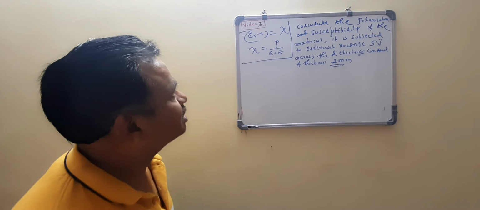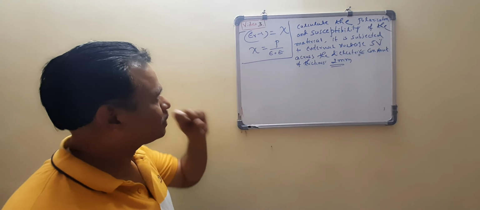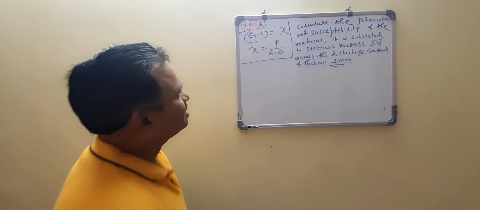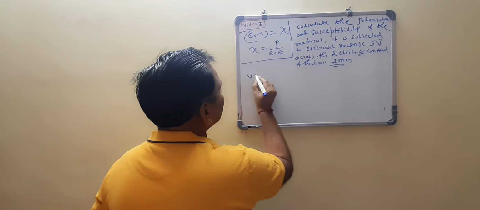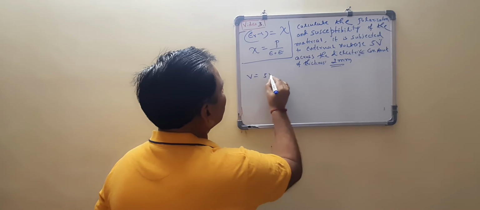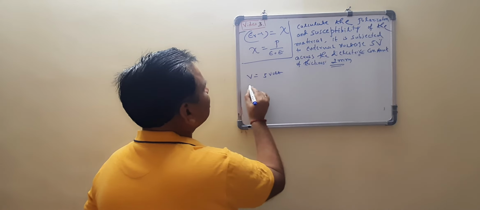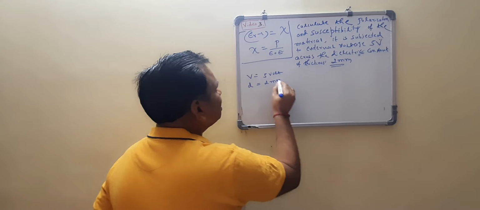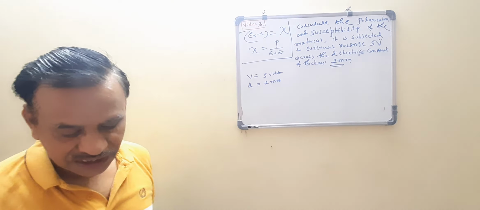Okay. Now, what are the given quantities here? Voltage has been given. Voltage is equal to 5 volt. And thickness of the material equal to 2 millimeter. Thickness is given.